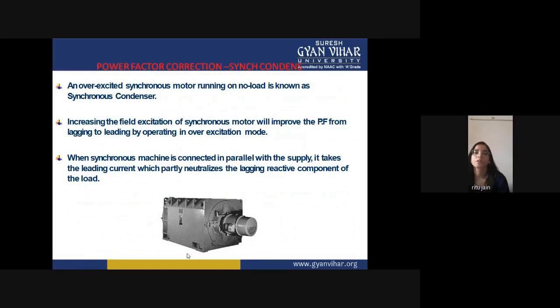When a synchronous machine is connected in parallel with the supply, it takes leading current, which partially neutralizes the lagging reactive component of the load. So by using this synchronous condenser, you can also improve the power factor.